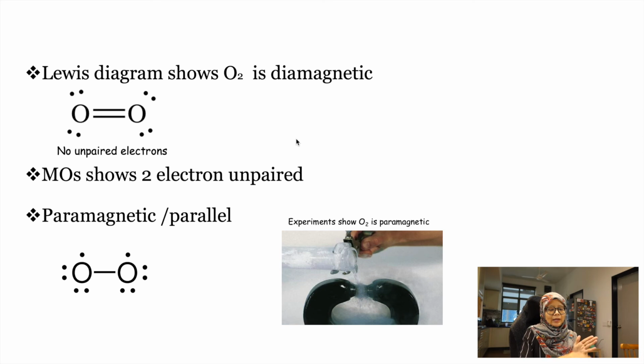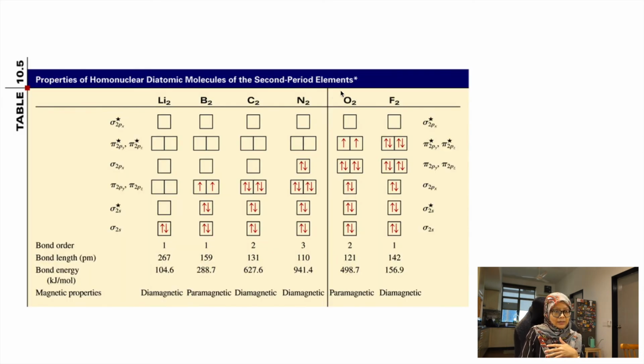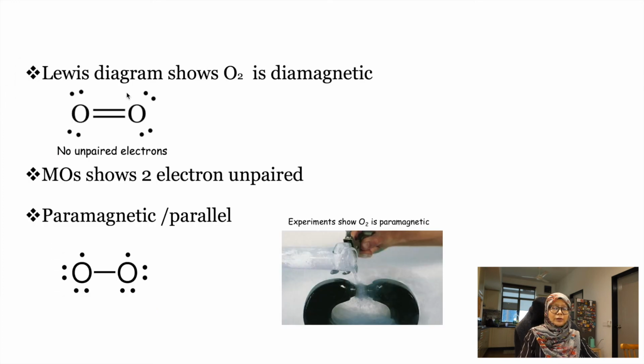Let's look at oxygen here. From the molecular orbital diagram, we determine that oxygen is a paramagnetic molecule. But what happens if you draw the Lewis diagram? You will get a diagram that indicates that oxygen is diamagnetic.